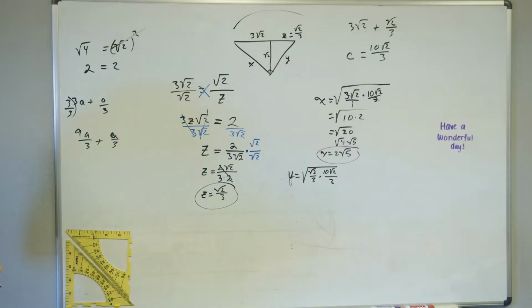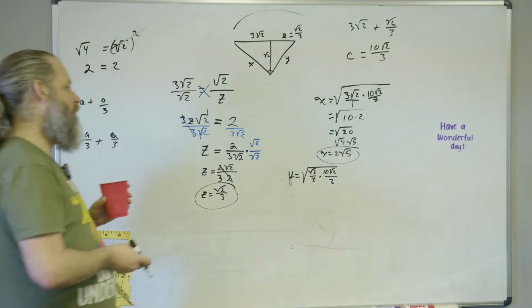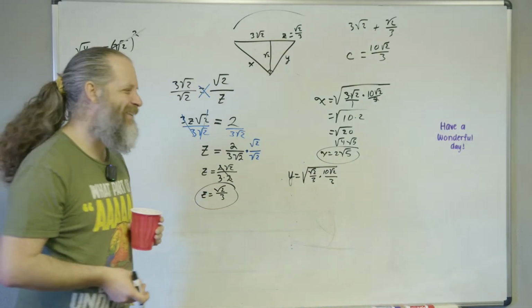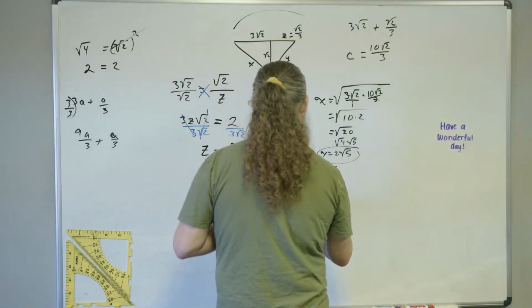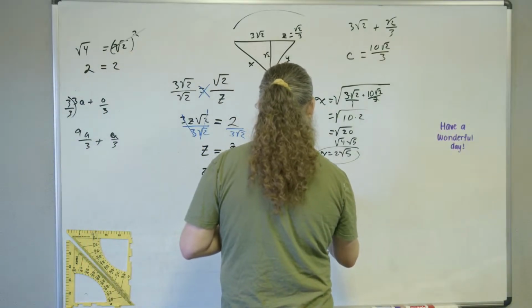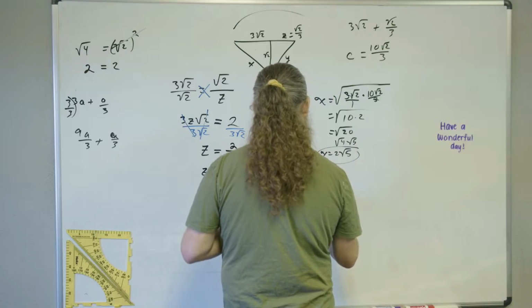They don't cancel this time, although they are going to do something cool in a minute, because they're not one on the top and the bottom. What is the square root of 2 times the square root of 2? 2. True enough. So this equals the square root of 10 times 2 over 3 times 3 is 9.